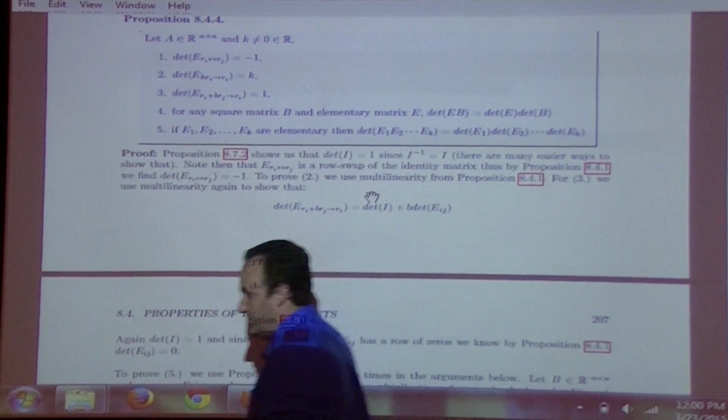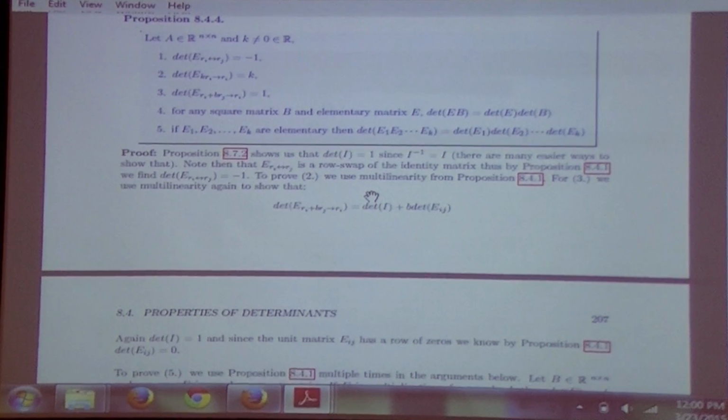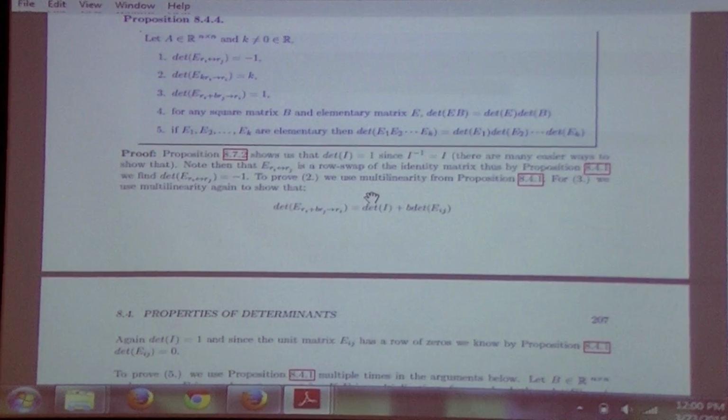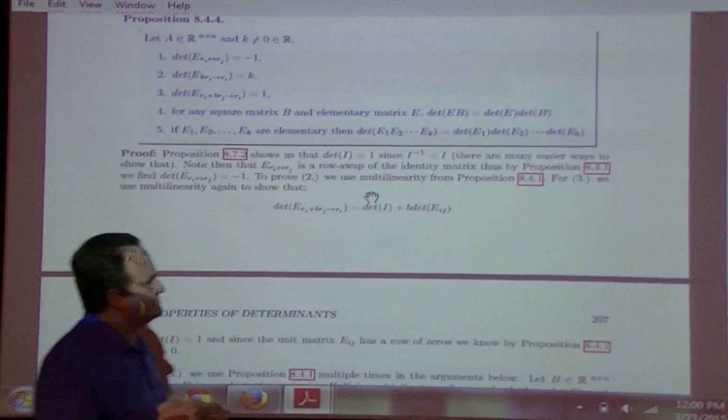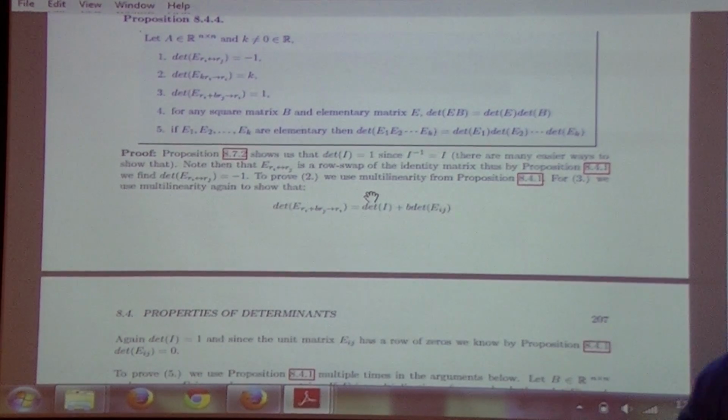Yes, Landon, you have a question while I'm erasing? Well, I was going to ask, since it's the determinant of EB, if you let B be the identity matrix and E be one elementary matrix operation from that, is that why we get all these determinant properties? Yeah, you can see this calculation.